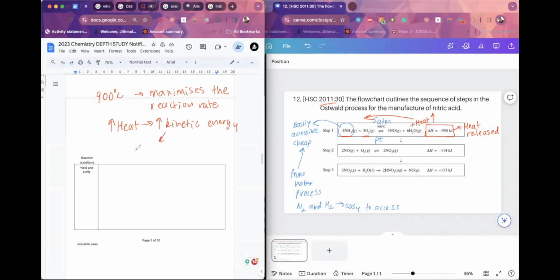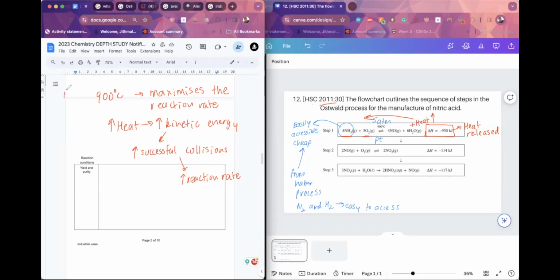And that leads to more successful collisions, which leads to a greater reaction rate. So you have to talk about in step one that the reaction rate has been favored over the yield, over the equilibrium position.